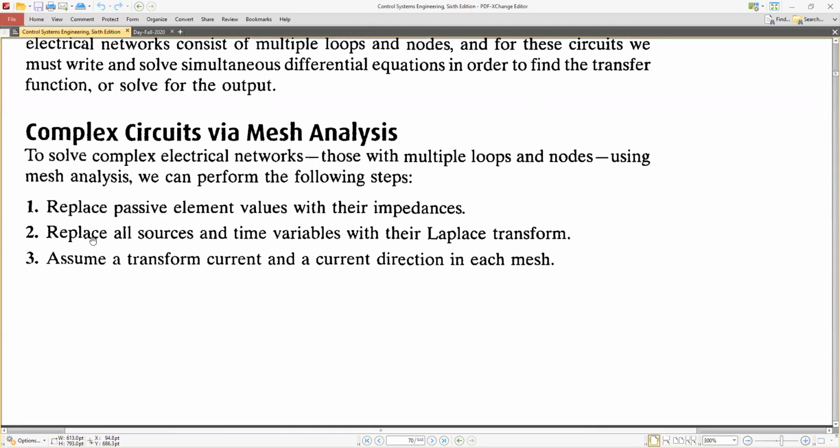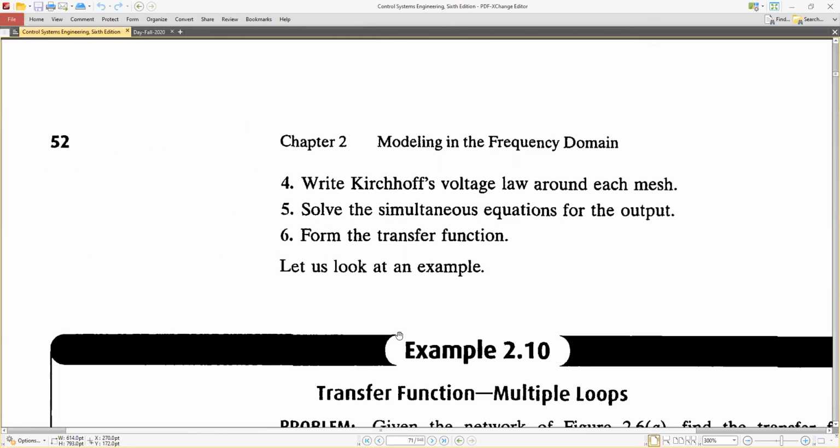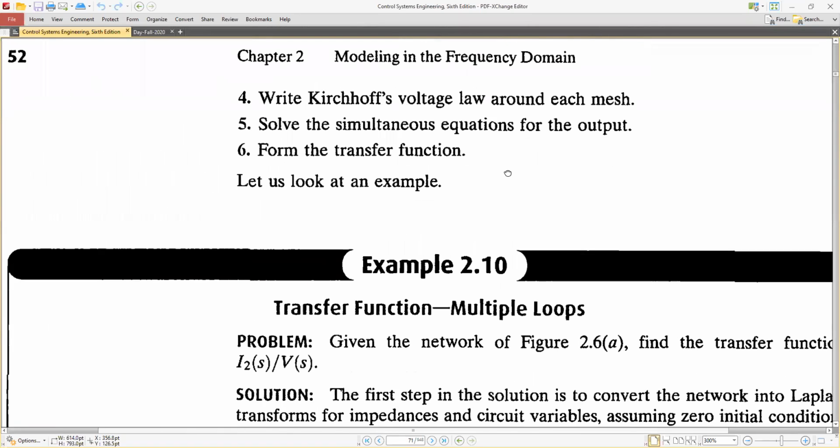Now, the second part. Replace all sources and time variables with their Laplace transform. That means the current source or voltage source or whatever it is, and time variables, replace according to the Laplace transform. Assume a transform circuit and the current direction in each mesh. You will have to draw the current direction also, otherwise you cannot do the mesh.